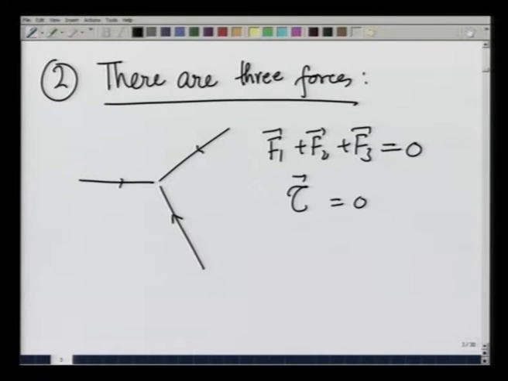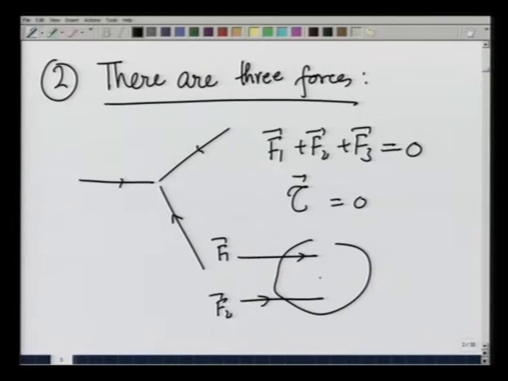Another way they can provide equilibrium to a body is if they are parallel. So, two forces could act in this direction and the third force could act opposite. In that case, about any point, about this point for example, the torques would be in opposite directions due to F1 and F2, and they will balance out. This is something we are going to use later.